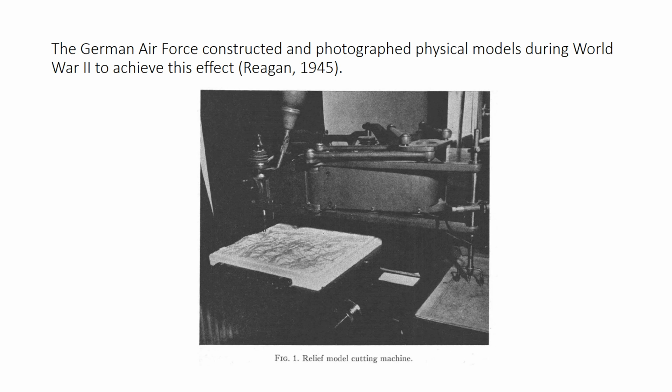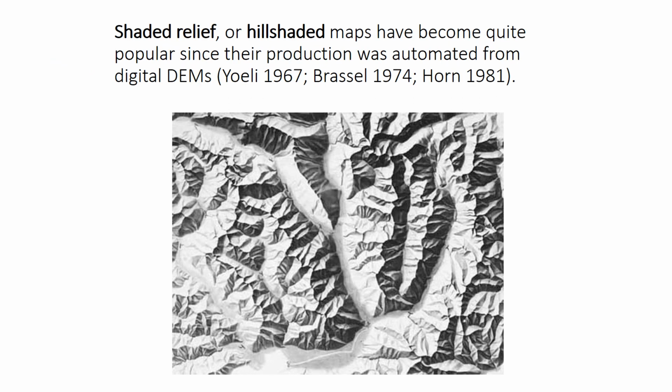They would drill out this terrain and make a realistic copy of it, and then photograph it, and that would be the way that they would generate something like the hill shaded or shaded relief maps that we saw from Geiger in Switzerland, just created in a slightly different way. So instead of having to imagine these things, they're actually able to create the physical copy of this and then photograph it.